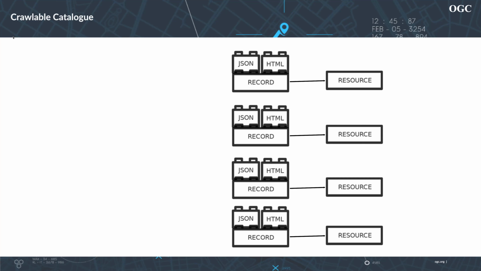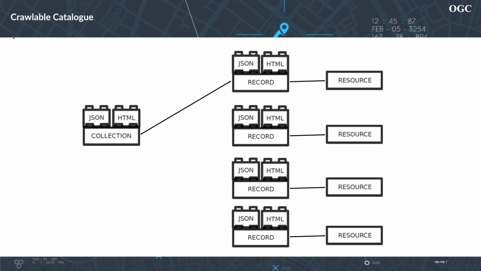Then you can take a bunch of these records and create a collection or a catalog by creating a collection object. Again, you can encode that collection object as JSON or HTML, and link it to the catalog records. So now if I tell you this is my catalog and I give you the link to the collection object, you can crawl to the record objects to get a description of the resources that are discoverable, and then you can crawl to the resource itself to actually get it. So that's the crawlable catalog.